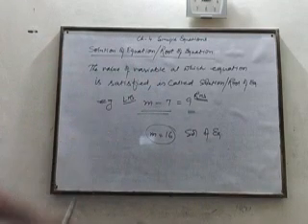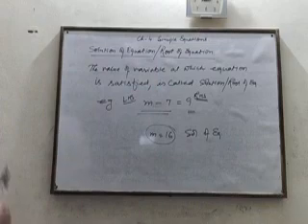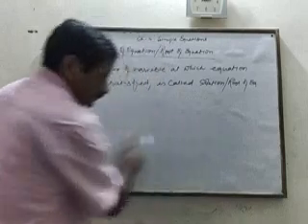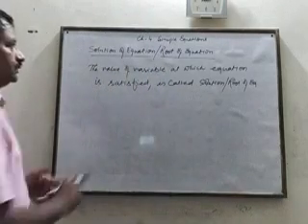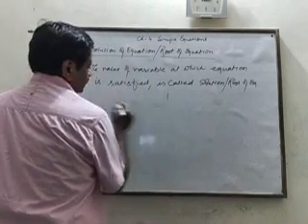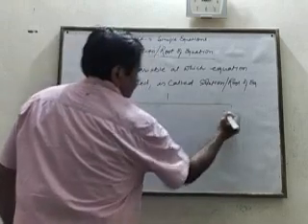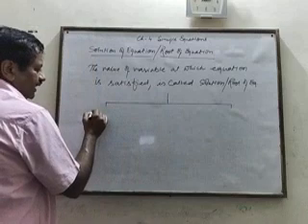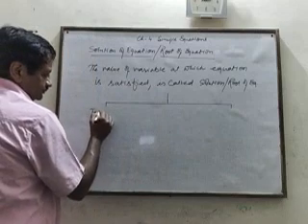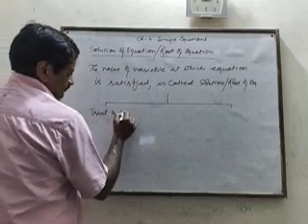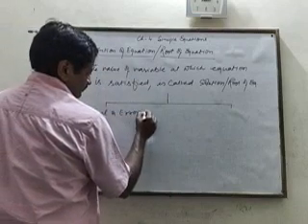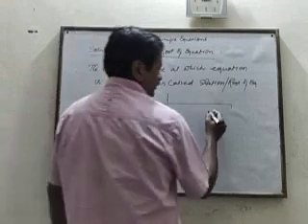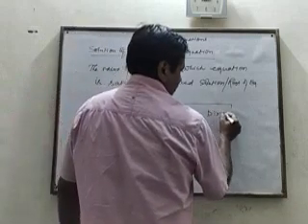To find out this solution, we have two methods. Finding the solution by trial and error method, and the second one is the direct method.